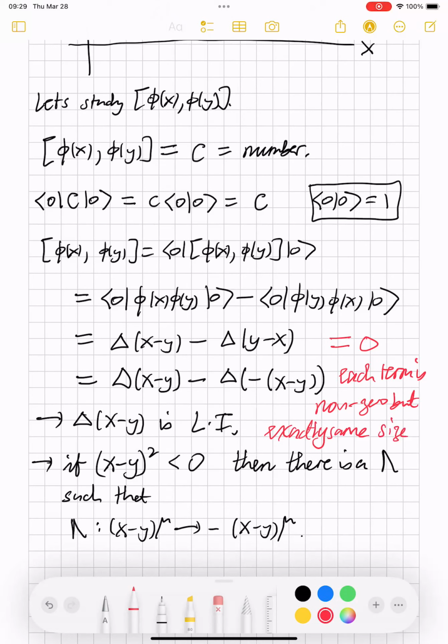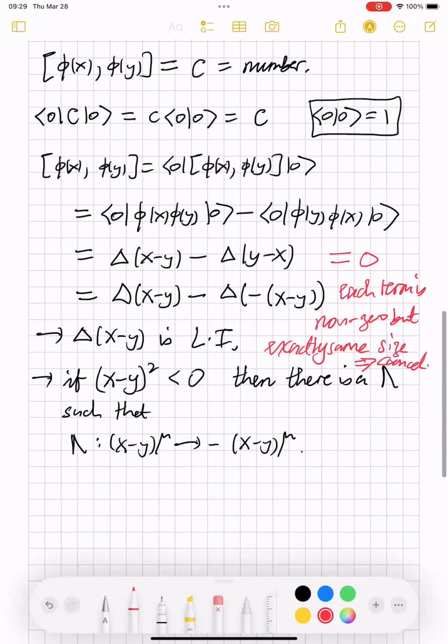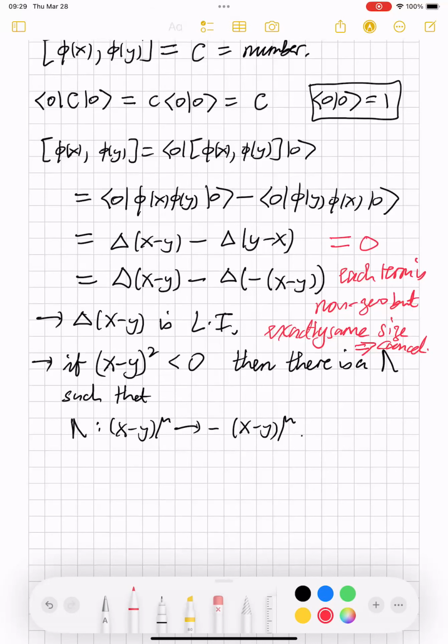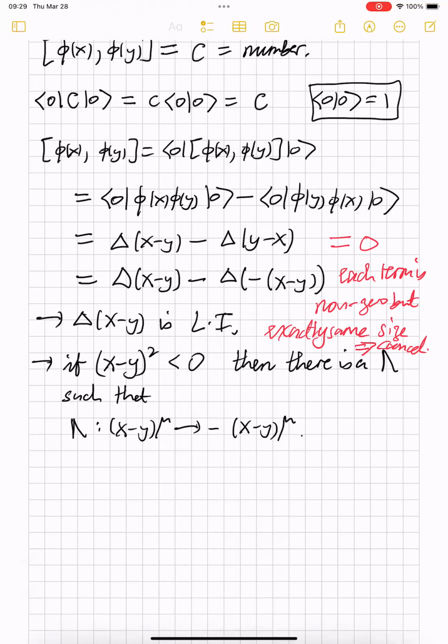And that means they cancel, okay? So we're not getting 0 because each term separately is 0. No, each term is non-zero. And that tells us that particles can move faster than light, but there's a cancellation between two terms. So let's try to understand what this cancellation is.